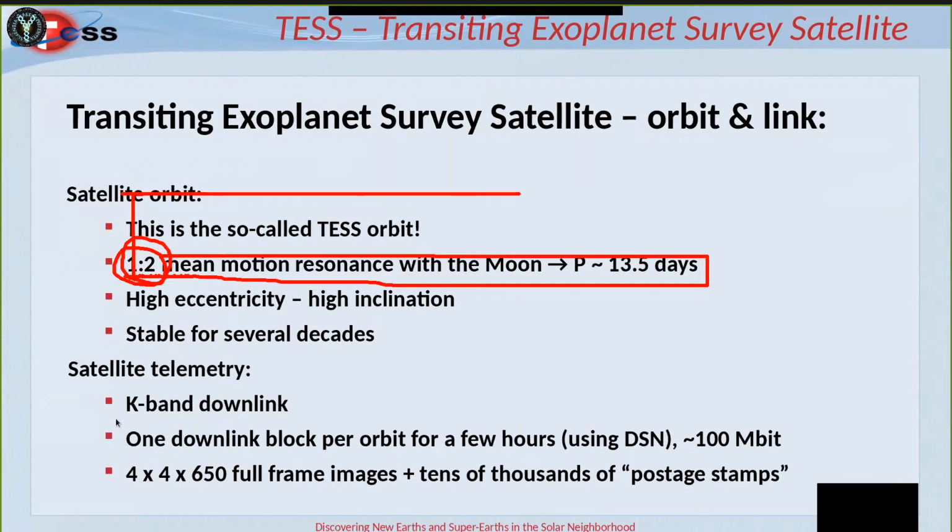The satellite telemetry also limits the data acquisition cycle.